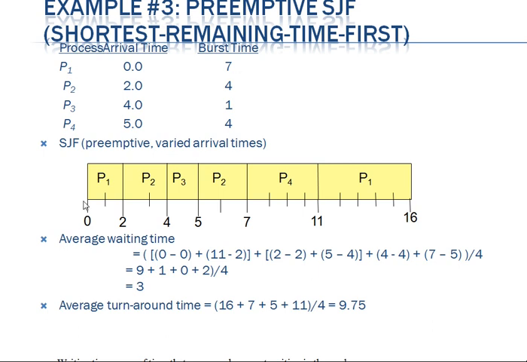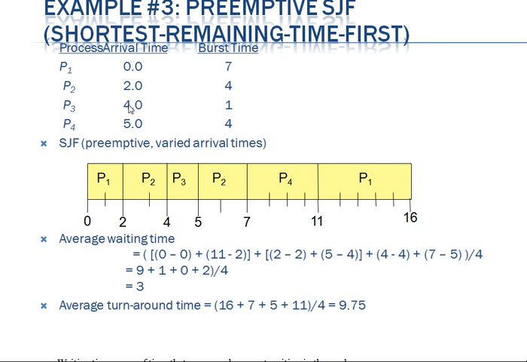So at time 0, P1 will start its execution. At time 2, we have an option, P2, in the system whose burst time is less than P1. So the processor will be allocated to P2 here. Then P2 will execute.